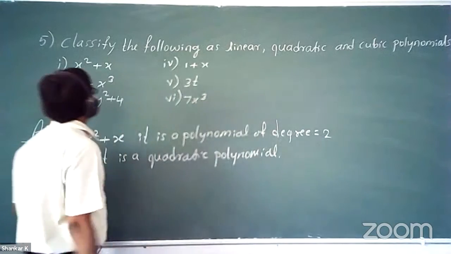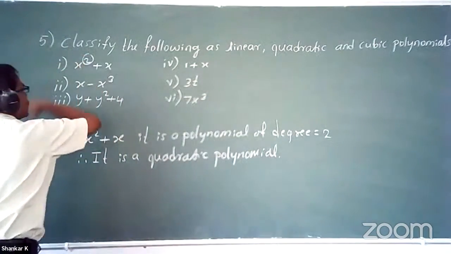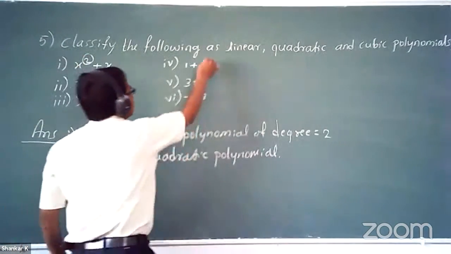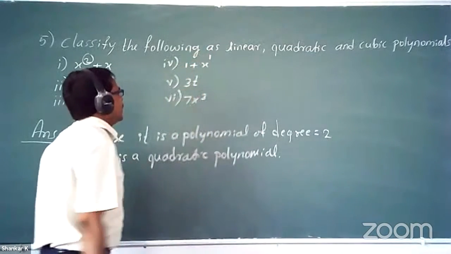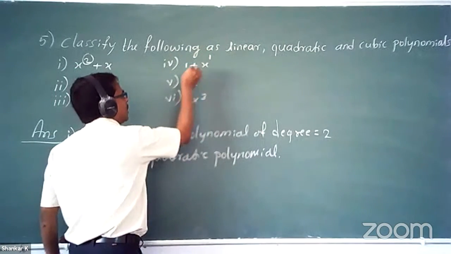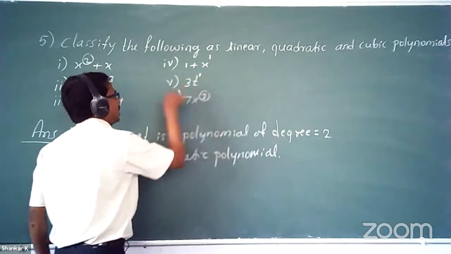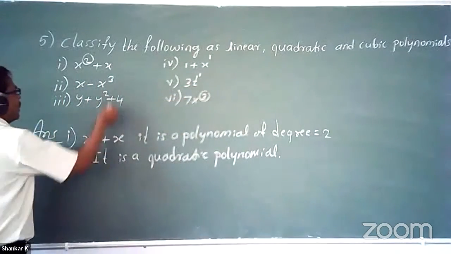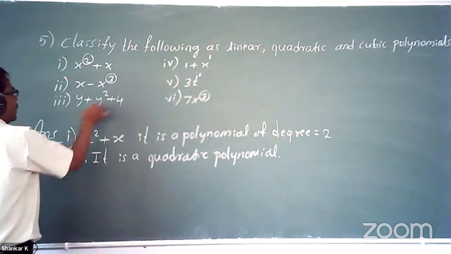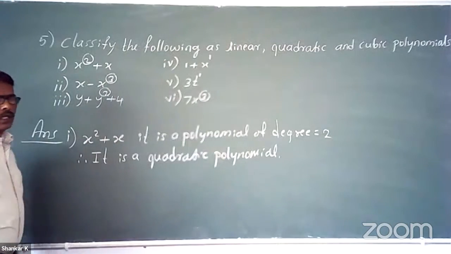You understood? Its degree is 2, therefore it is quadratic. Its degree is 1, so linear. If degree is 3, cubic polynomial. Degree is 2, quadratic.